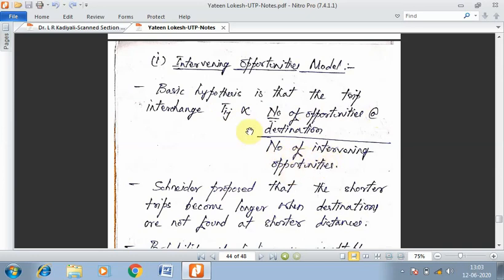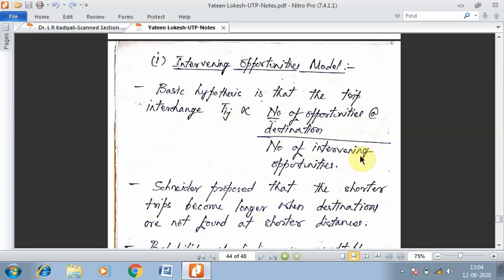It's like the total number of future trips between I and J is directly proportional to the opportunities at the destination and is inversely proportional to the intervening opportunities before you reach the destination.